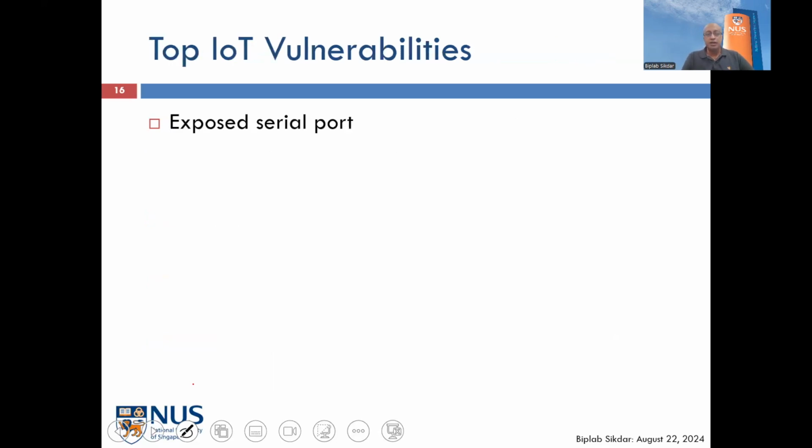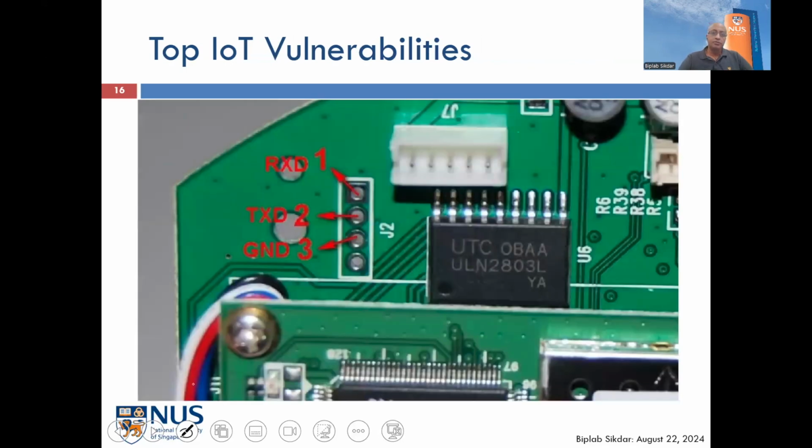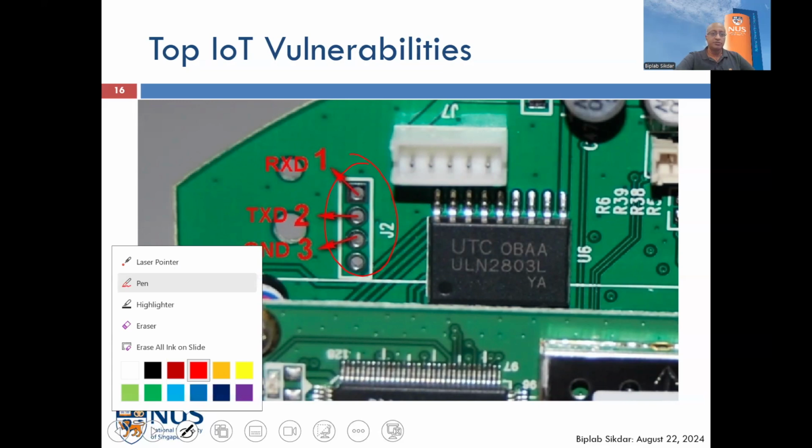And many IoT devices have a large number of vulnerabilities. So some examples maybe, if you open up an IoT device, you would often see that they have ports like this which are left open. So these ports were used during the development phase, but in the end, the ports are still there. And if you open it up and you connect wires to them, you can easily read off the data from the memory and so on.